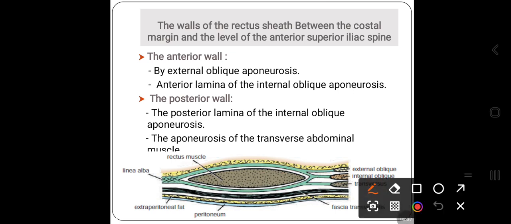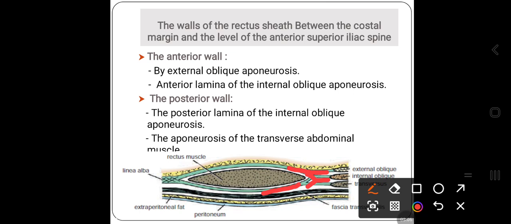The anterior wall is formed by the aponeurosis of the external oblique, as you see here, and the posterior wall is formed by the aponeurosis of the transversus abdominis. What about the internal oblique? Its aponeurosis divides into an anterior layer and a posterior layer.